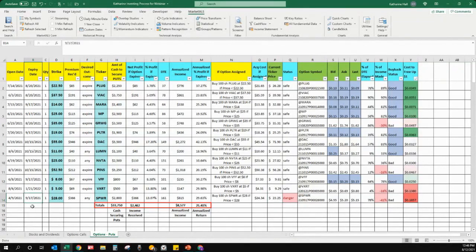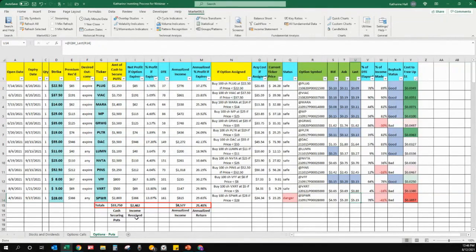I have until September for it to figure out what it wants to do. SunPower is a solar energy stock, and it's super volatile. The share price changes like 5 or 10% every day, it seems like. So there's no telling what it will do between now and September 17th. But this just lets me keep an eye on it.